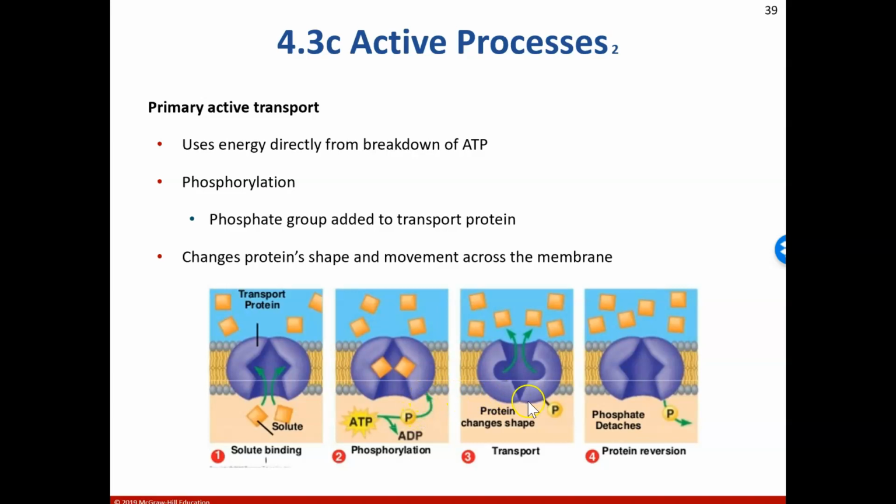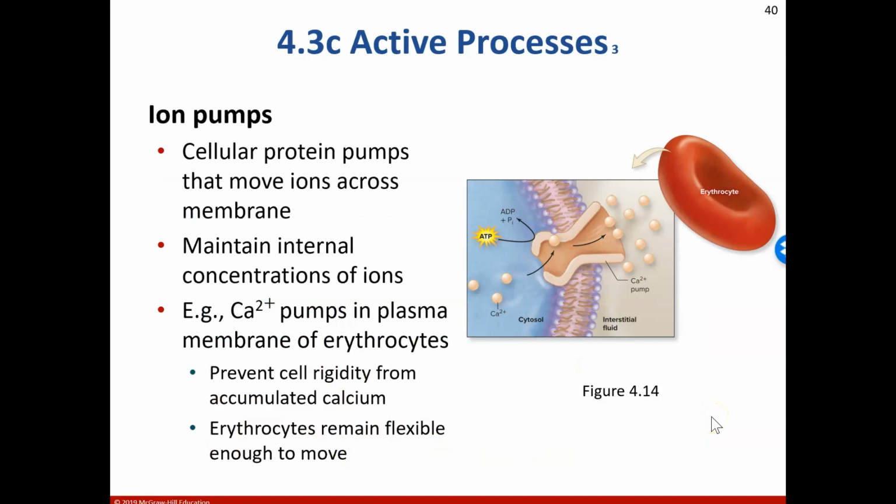And that inorganic phosphate attaches to the protein, and we get the conformational shape change here of our protein that will cause a release of our solute into this extracellular space. And then that protein will change its conformation again, and the phosphate can then detach.